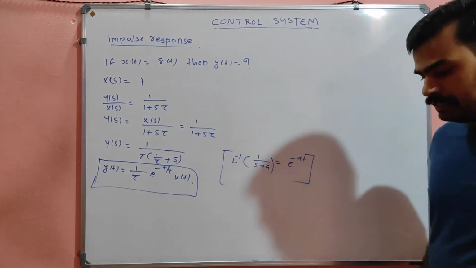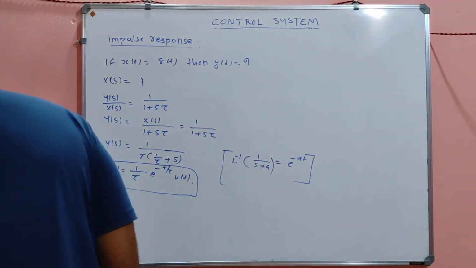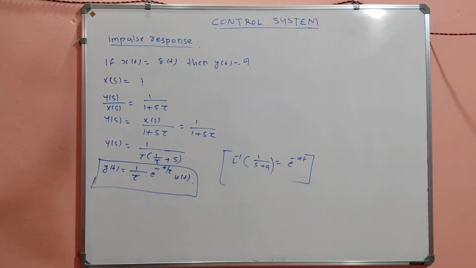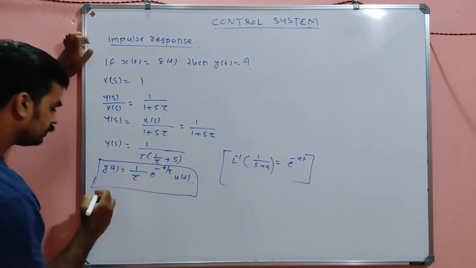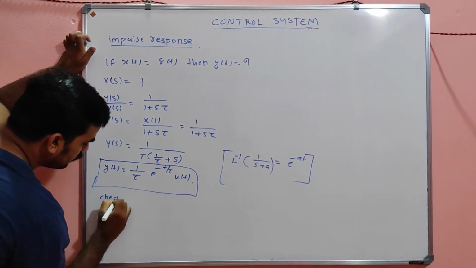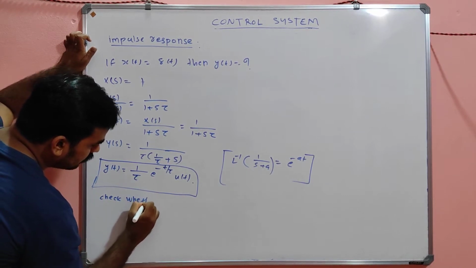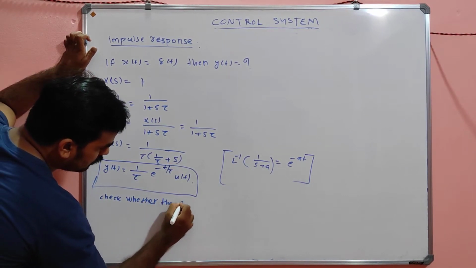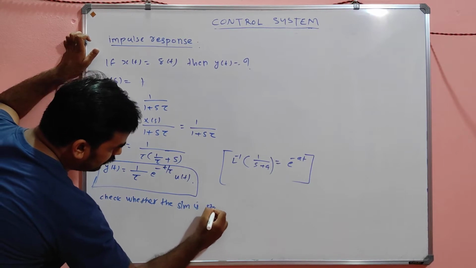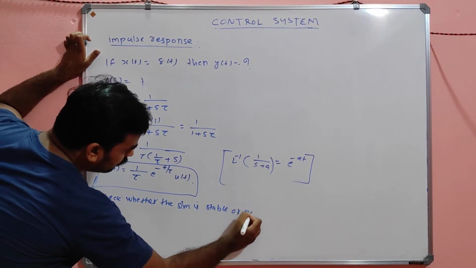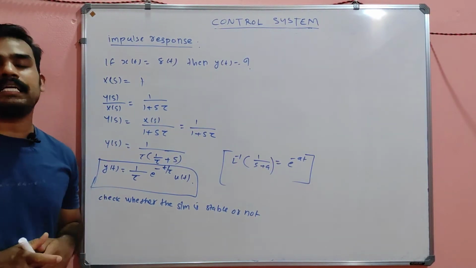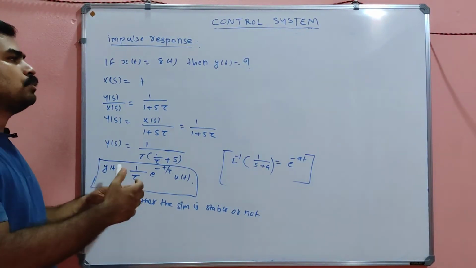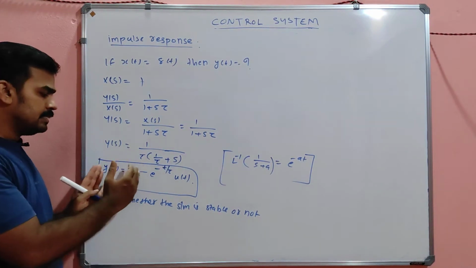This is very important, man. This may be asked: 1 by tau e raised to minus t by tau into u of t. Check whether the system is stable. That means if you are passing an impulse to the system, we have to determine this response.